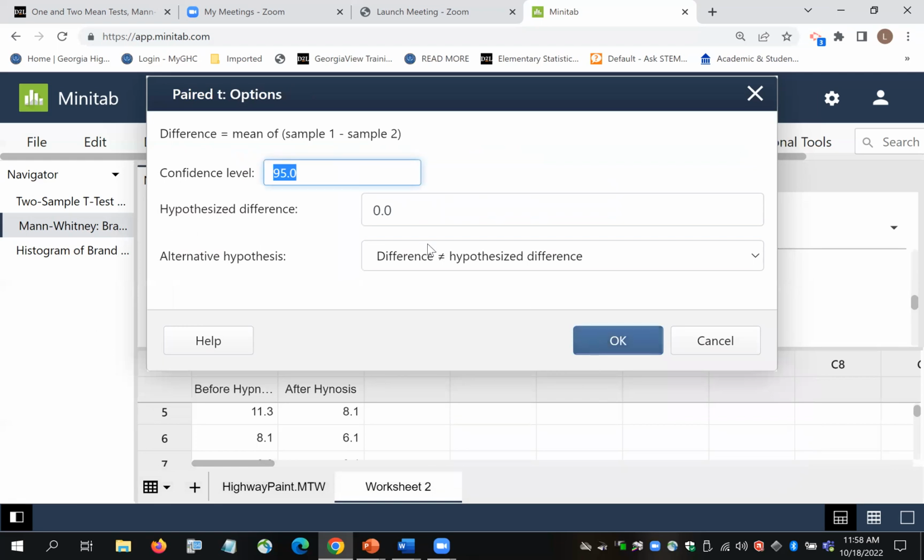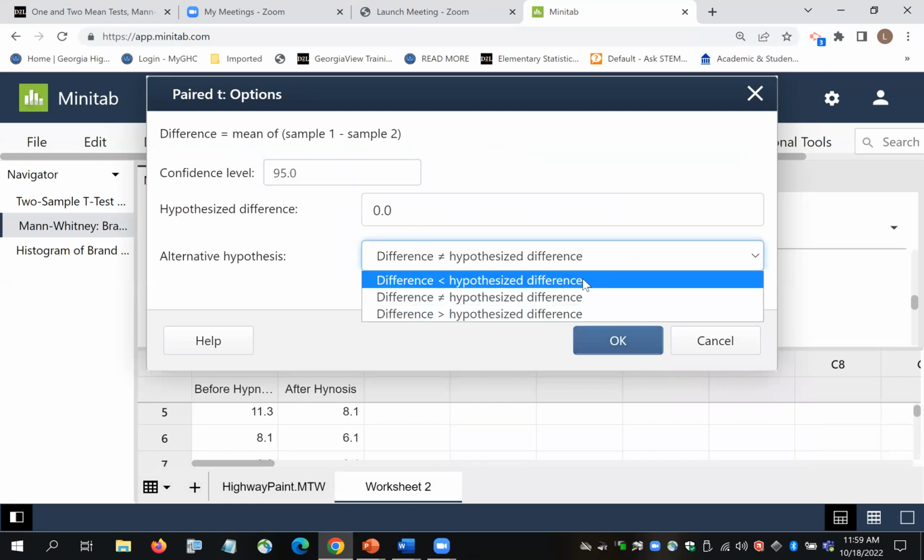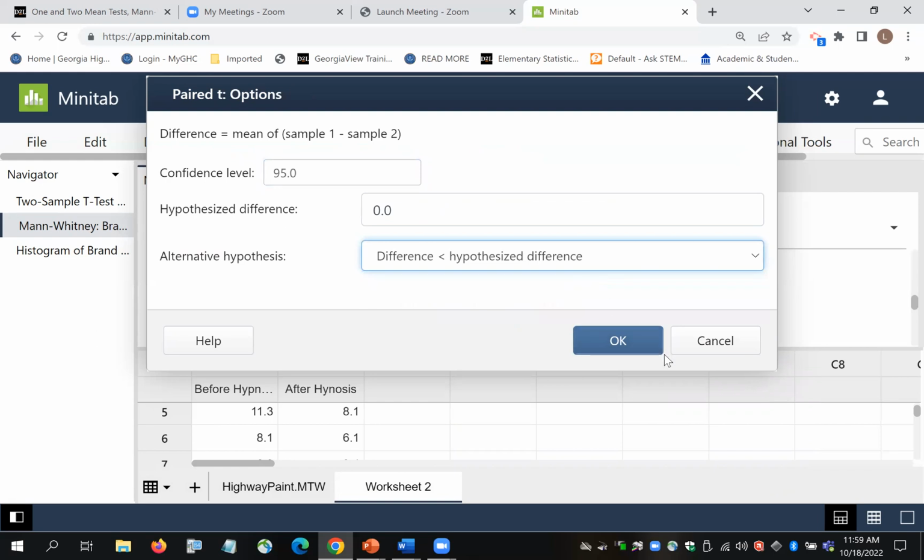We look at our options. We're using a 95% confidence level. My hypothesized difference is 0, and we're saying that it is less than, because it's lower.